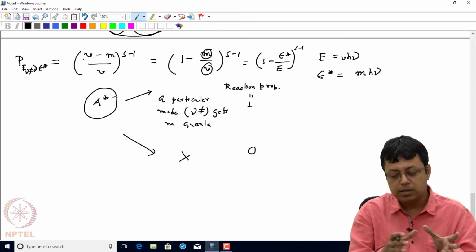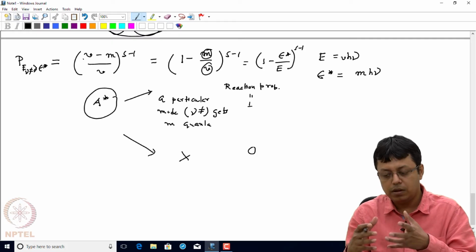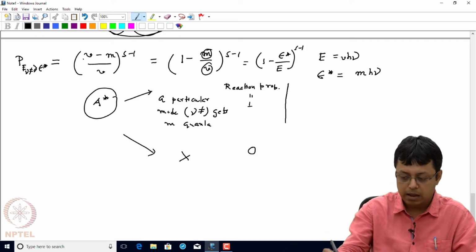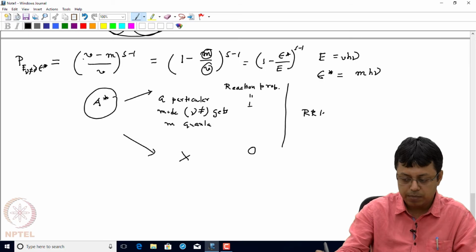That was the concept introduced by RRK over the Hinshelwood approximation.